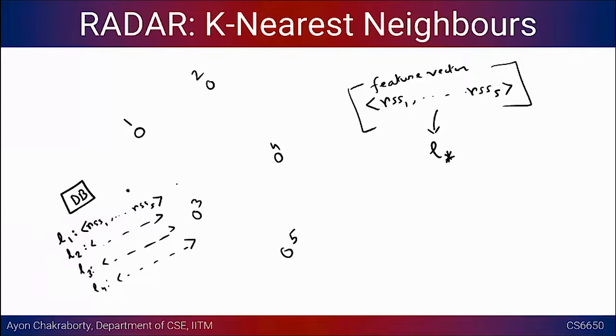Then take the top k matching ones. You look at the distance of RSS1 with this RSS1, RSS2 with this RSS2, and so on, and you can take the Euclidean distance. That is how you get the distance between L star and L1, then L star versus L2 and so on.